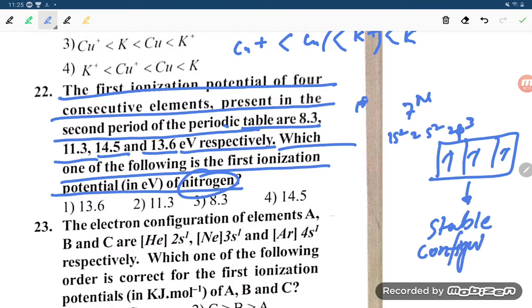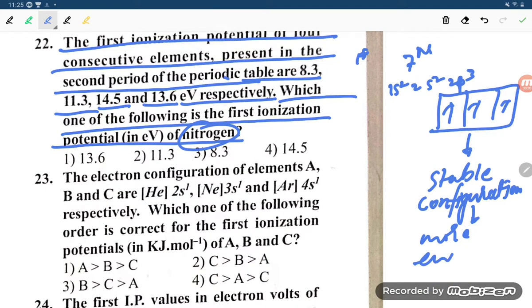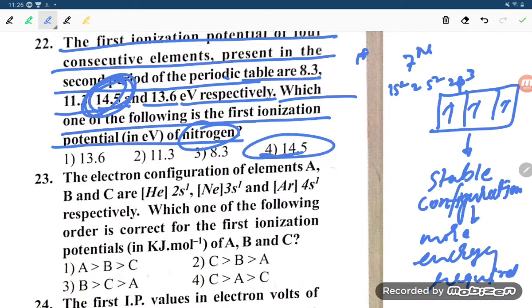If you want to remove the electron, student, more energy is required. More energy required means it is the higher value. So 14.5 is the highest value. So the correct option will be option number 4. So question number 22, option number 4 is correct.